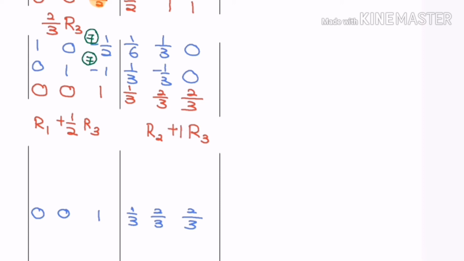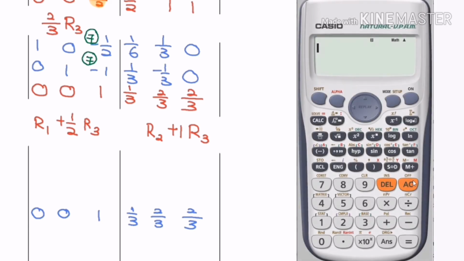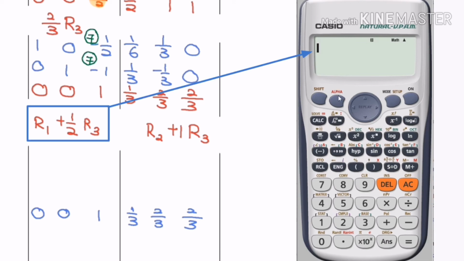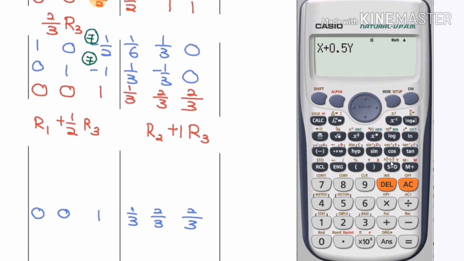Okay, so now we are moving forward to the calculator. We are going to use the calculator to help us solve the problem. So now I'm going to key in R1, which is equal to x plus 0.5y. Y will be R3. So the value will be 1, 0.